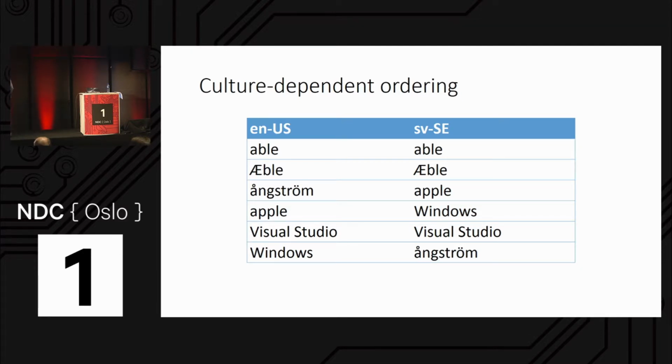So they interpret that as a ligature, AE, and sort it under AE. When you get to the Å, the A with the ring over it, the American alphabet has no clue what that is. It thinks it's an A with a ring over it, which it is. So it ends up with the A's. Whereas in Sweden, it is actually the 27th letter of the alphabet, and it ends up at the end.